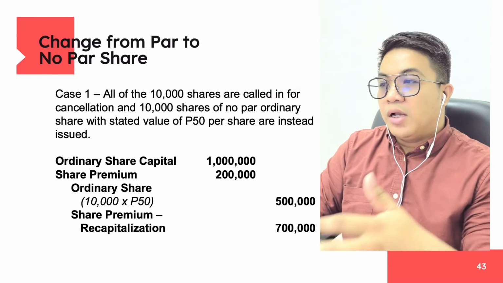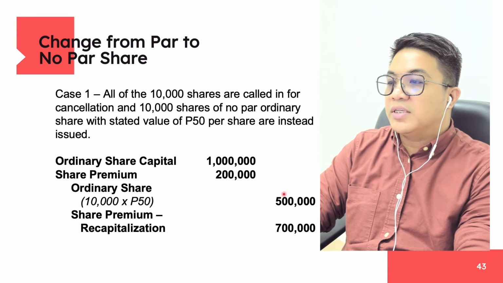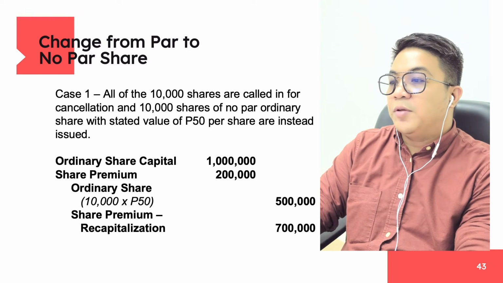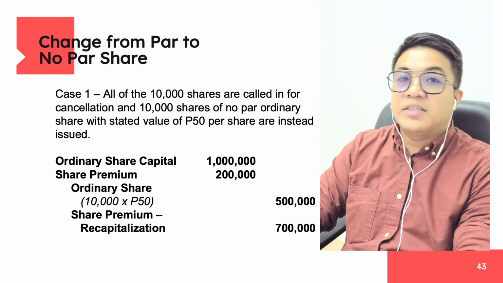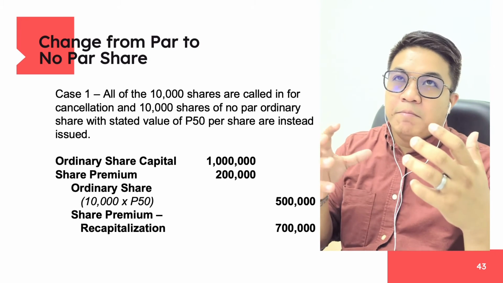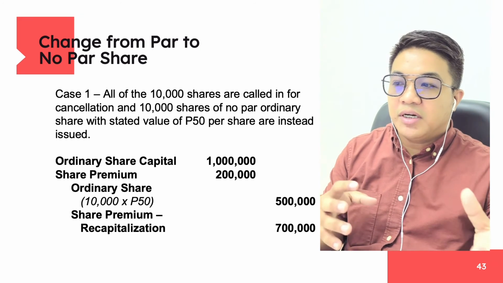So, case number 1, all of the 10,000 shares are called in for cancellation, and 10,000 shares of no par ordinary share with stated value of 50 pesos per share are instead issued. So what would be our entry? All 10,000 shares are cancelled.